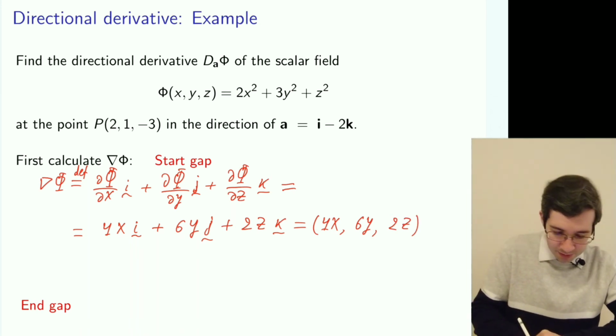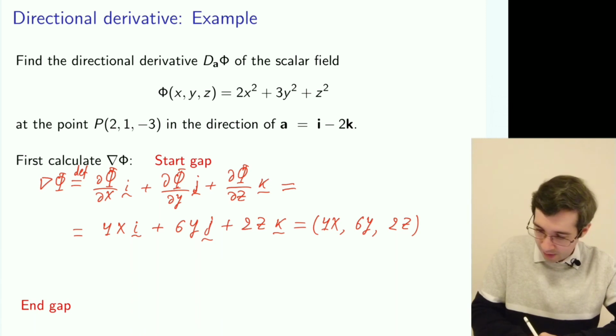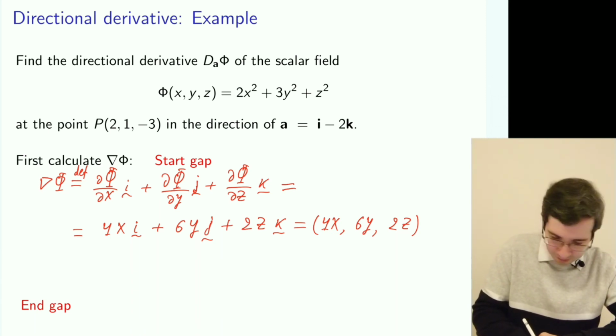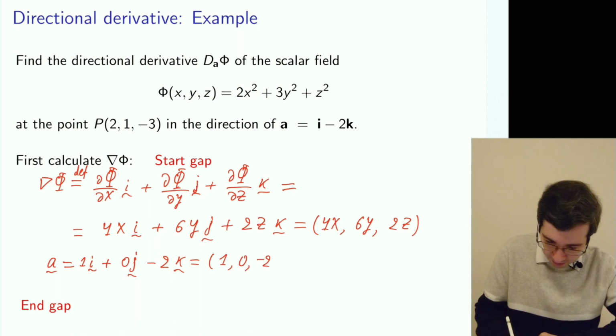And also we note here that a is not a unit vector, so we have to get the magnitude. So a here is i, which is effectively 1 times i, plus 0 times j, because there is no second component, and minus 2 times k, and we can write it as 1, 0, minus 2.